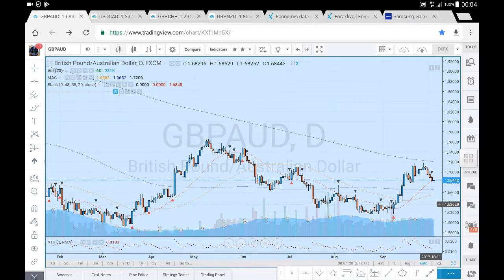I said 160, so 160 was what I was looking at on the higher time frame charts. But here on the daily charts, I'm going to be very interested to see what happens to price as we come down to, for example, this moving average here, which is at 166.57, essentially 200 pips away.